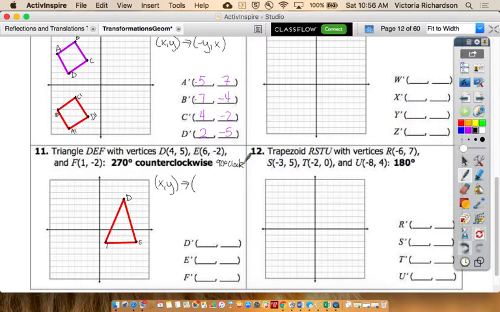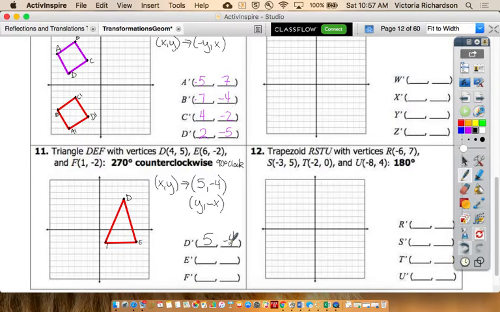And so therefore, my X and Y are going to change places, and the last number changes signs. So instead of 4, 5, I'm going to have 5, -4. And I put that in the wrong place. This is supposed to be Y, -X. So my first ordered pair is 5, -4.